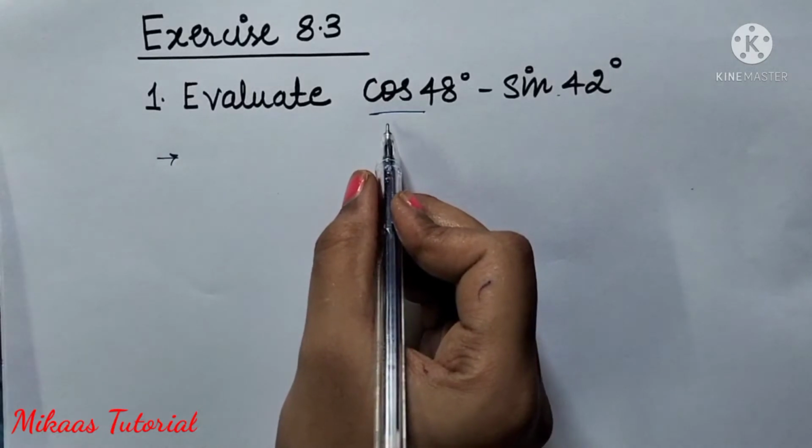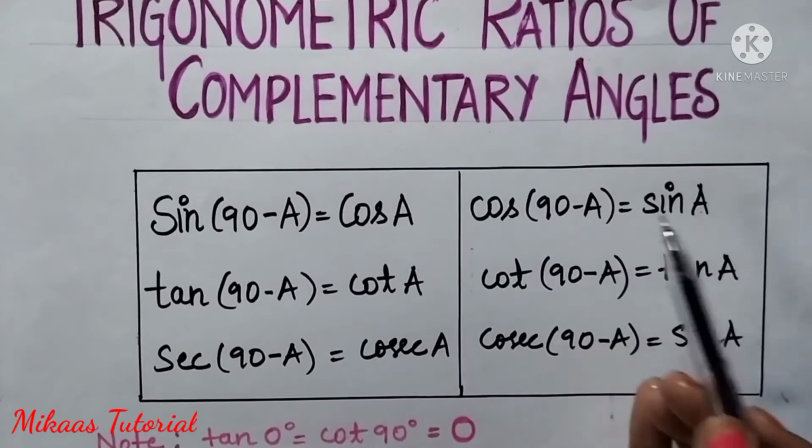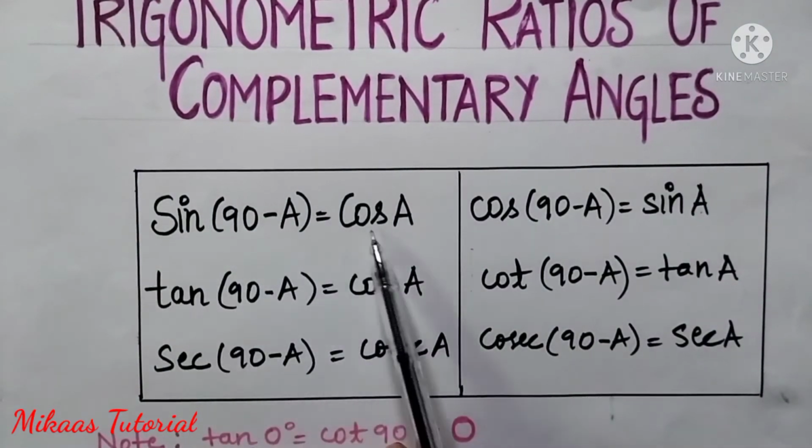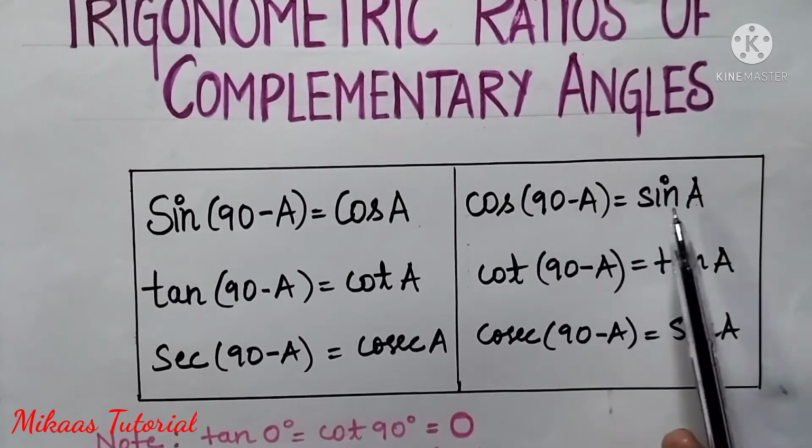To change that, we have the complementary angle formula. We can change the sin into cos or cos into sin. Now, we will change this cos into sin.